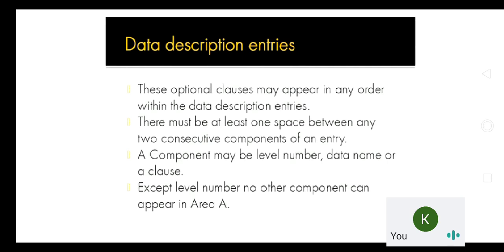The level number must be present in area A, or what we call margin A, which consists of the column numbers 8 to 11, and then columns 12 to 72 make up margin B. So you have to use only the level number in area A, or margin A. Okay, move to the next slide.